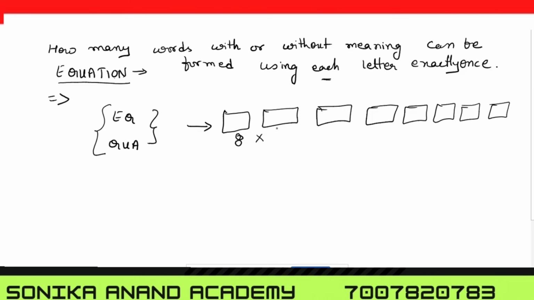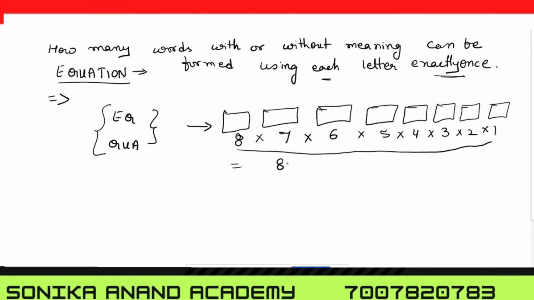Now, in the second place, one letter is used because we have to use each letter only once, so we have 7 choices. Then 6, 5, 4, 3, 2, 1. Now multiply them: factorial 8.